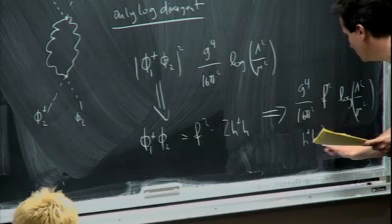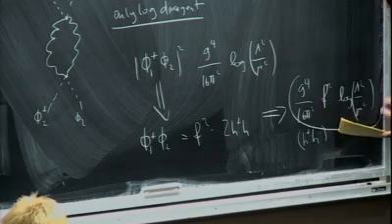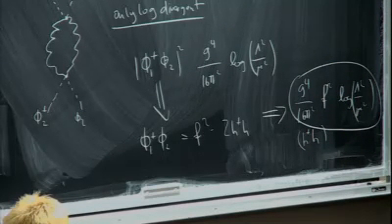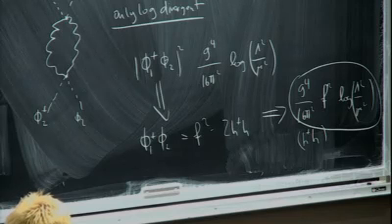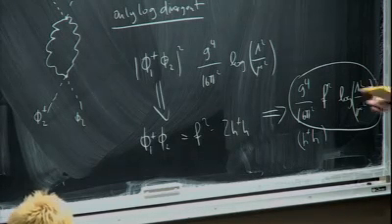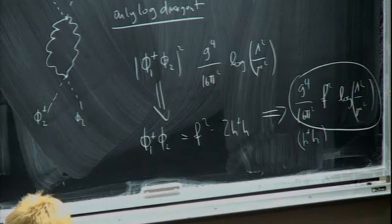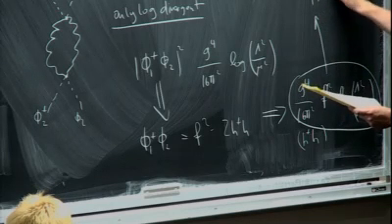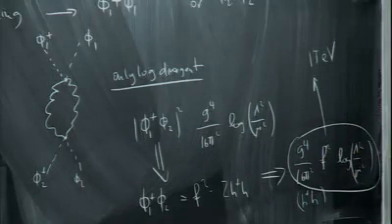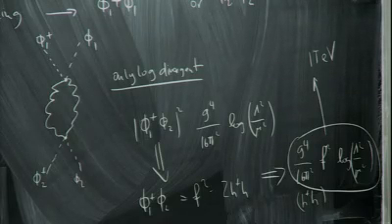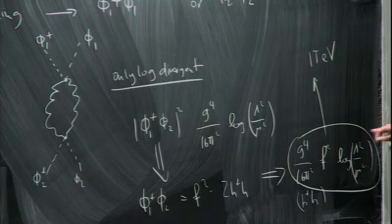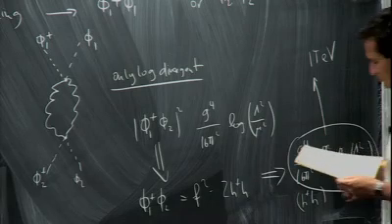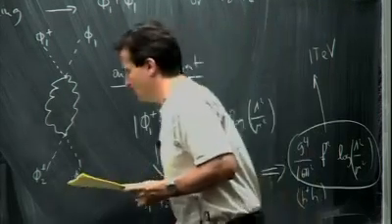This is the correction of the Higgs mass parameter. If f is of the order of 1 TeV, then this is nicely loop suppressed, and you can push this down to around 100 GeV. This is really the most important part.